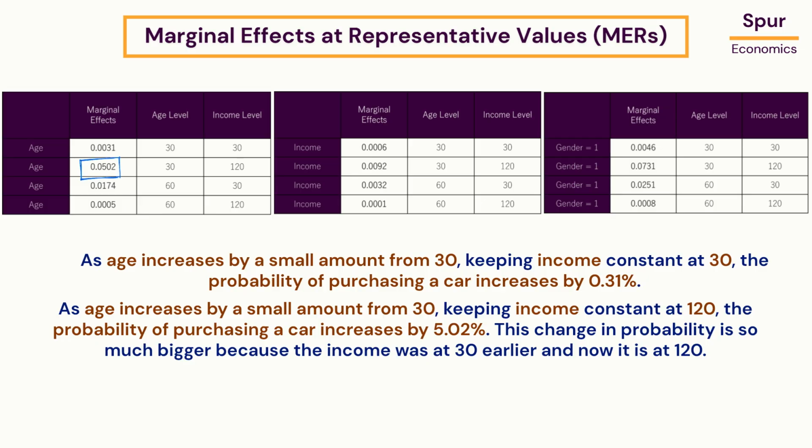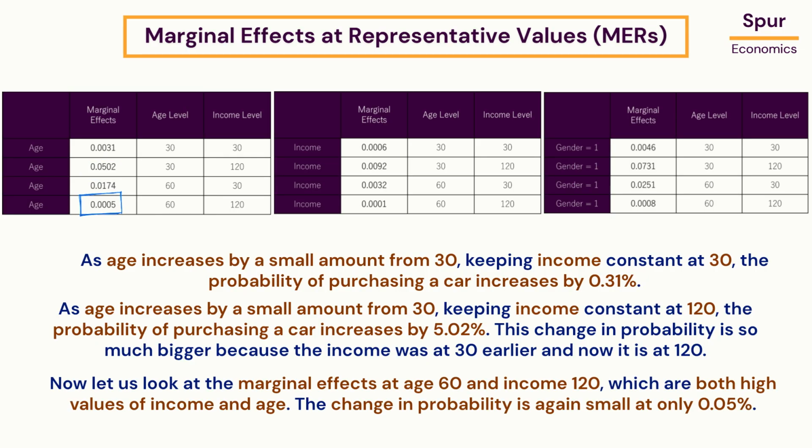This change in probability is so much bigger because the income was at 30 earlier and now it is at 120. Now let us look at the marginal effects at age 60 and income 120, which are both high values of income and age. The change in probability is again small at only 0.05%.